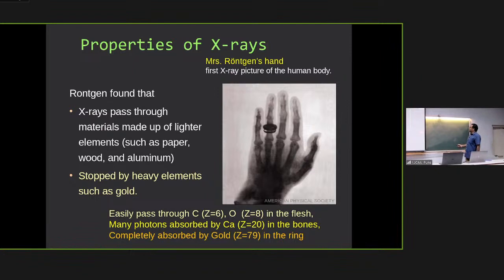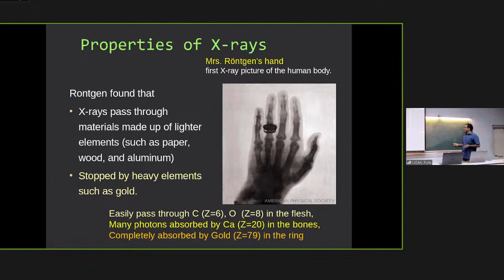Okay, but look at the bones here. You can see the bones here. The bones essentially contain calcium. The calcium is also stopping X-rays, but not as effectively as gold. Then the other parts of the hand, which have carbon and oxygen in the flesh, are essentially transparent to X-rays. So what it means is that X-rays pass very easily through lighter elements with low atomic number.